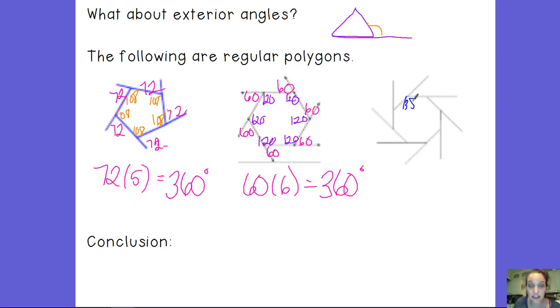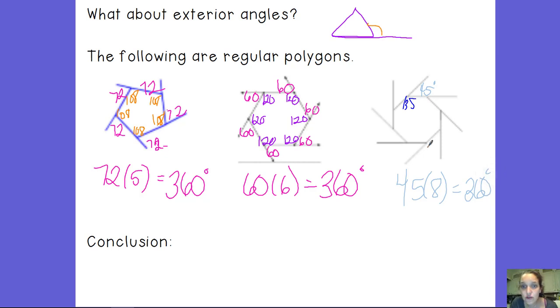So that means each exterior angle is 180 minus 135, which is 45. So each exterior angle of a regular octagon is 45 degrees. And if I have 8 of them, because I have 8 interior angles, that means I'm going to have 8 exterior angles. 45 times 8 is, I wonder what it's going to be. 45 times 8 is also 360.